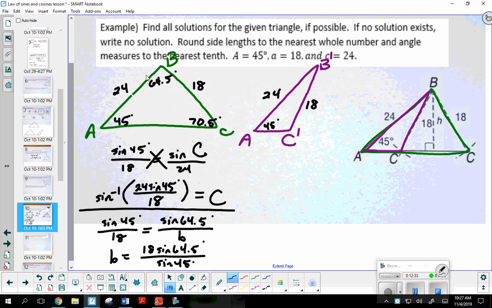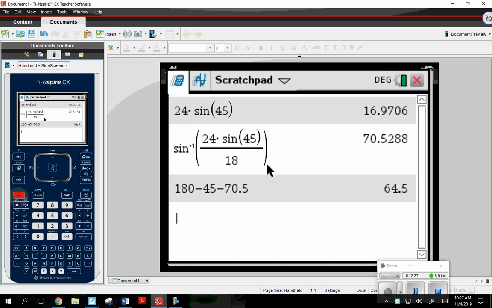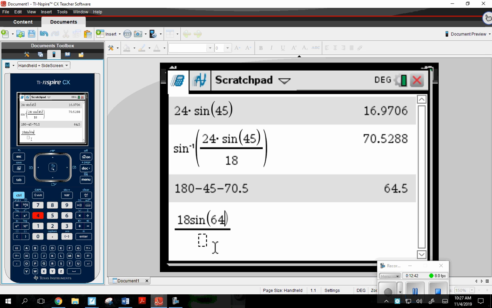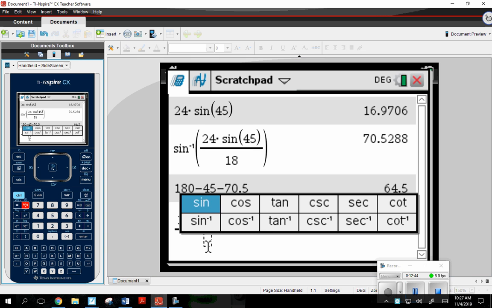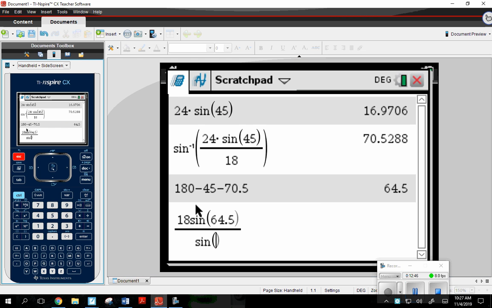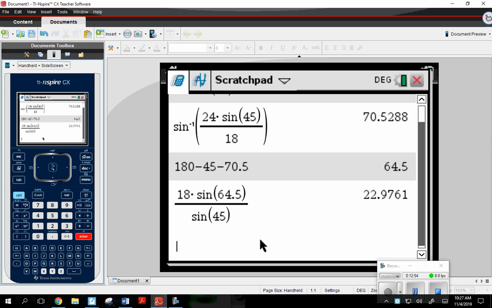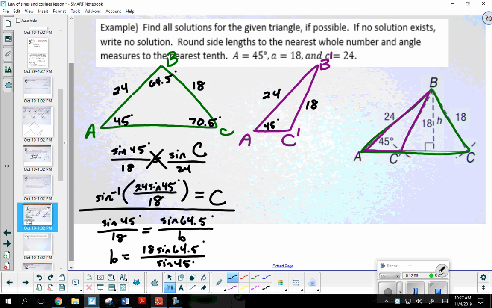We're simply finding a side length. So let's see. 18 sine 64.5 divided by sine 45. Okay, what should I get here? 23. Okay. So 22.97, again, another very high decimal. So I'm okay saying 23, just rounding it to the nearest whole number. There we go.